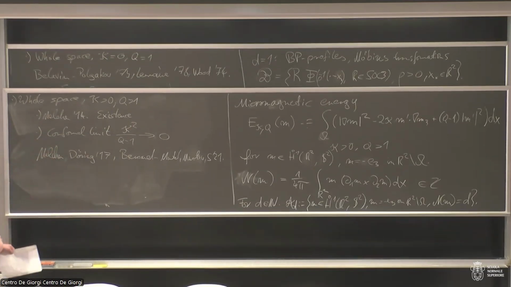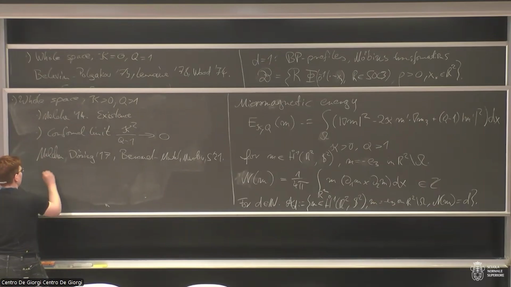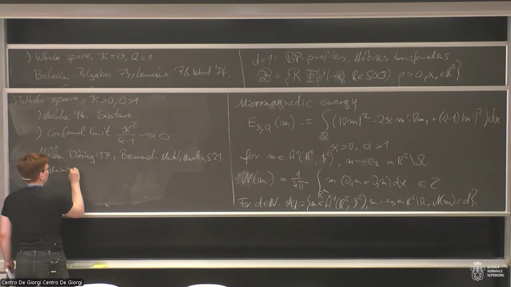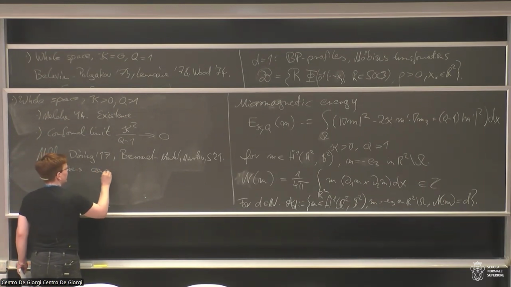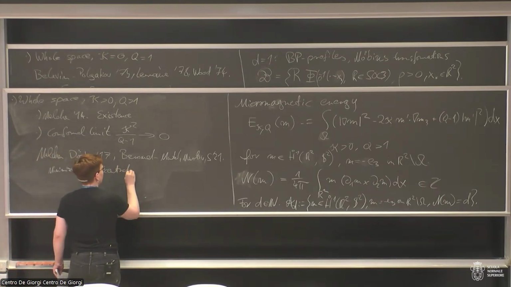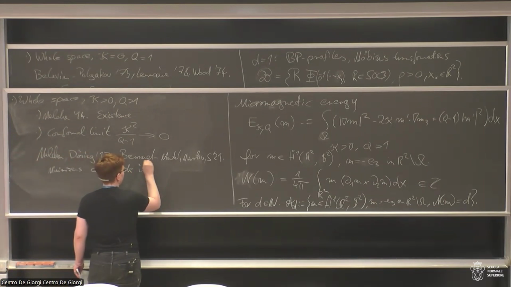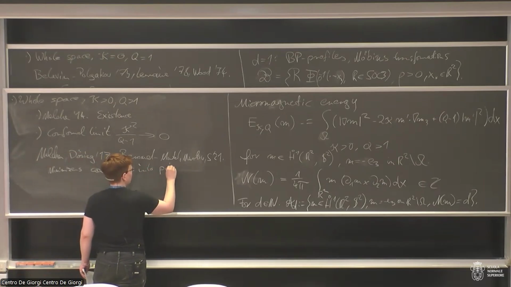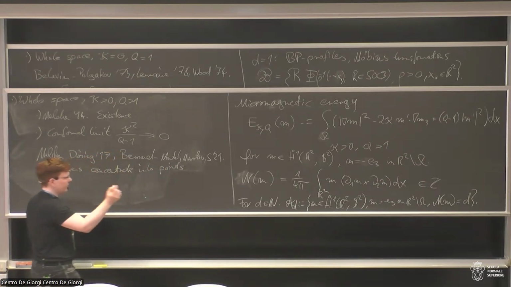what the energy does, and here, minimizers concentrate into points, if you want. So the radius shrinks faster than you'd expect.